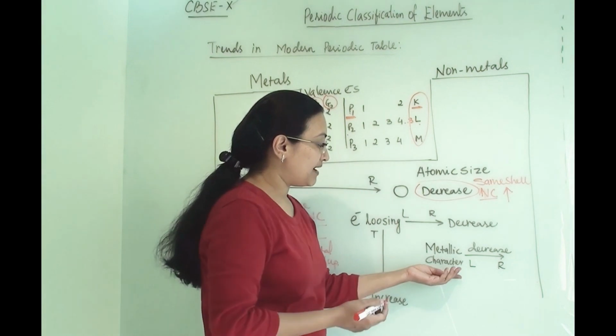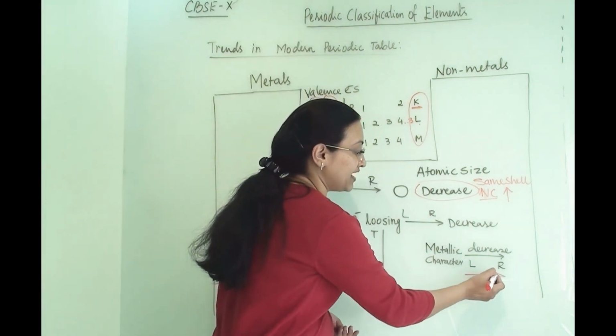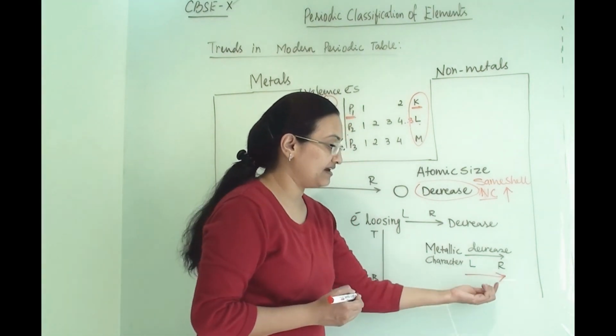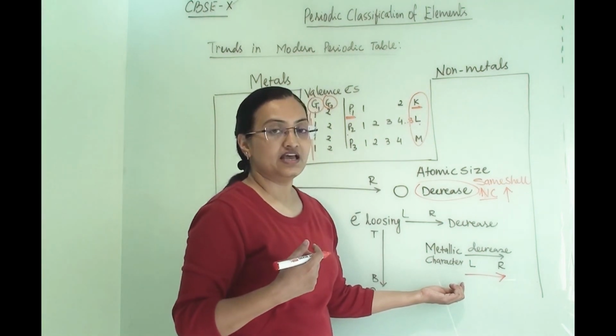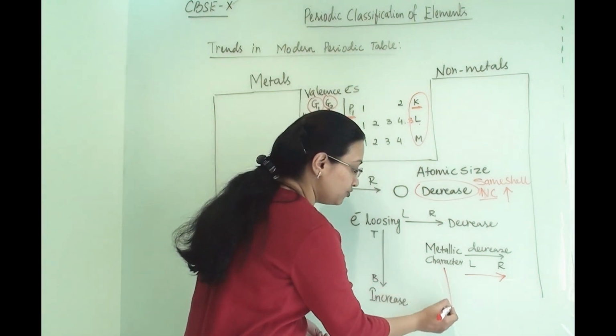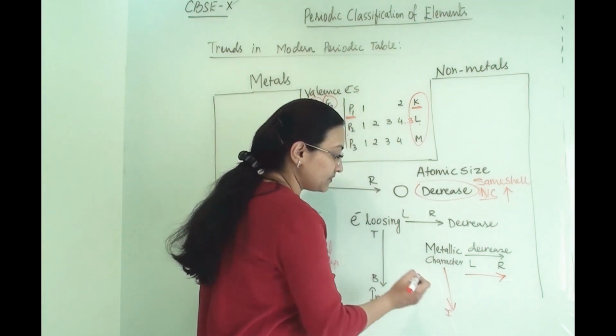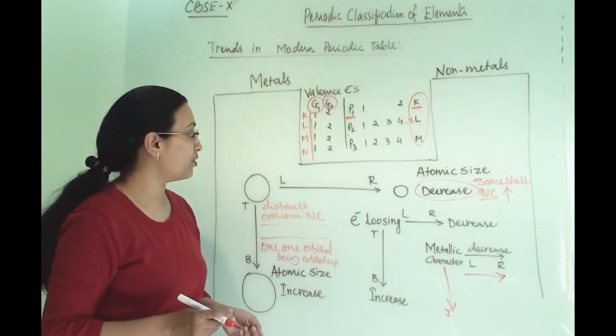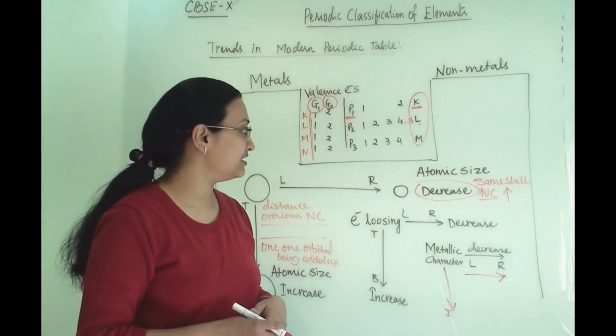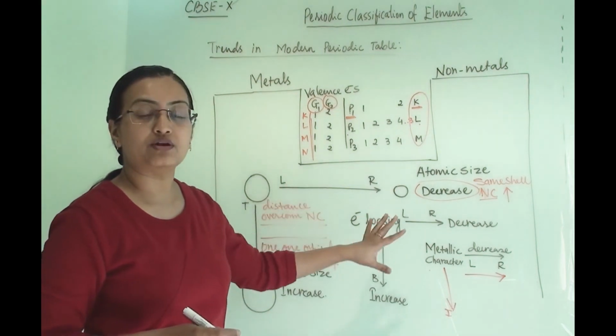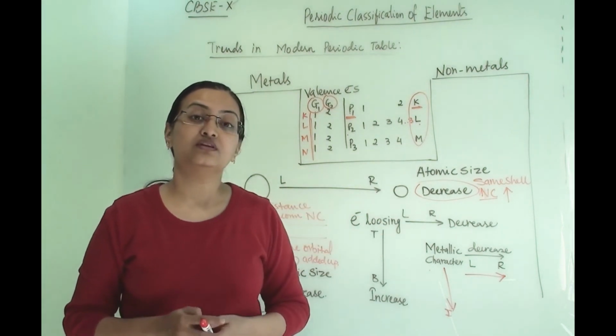This we know, that metallic character from left to right will decrease and from right to left it will increase. And as we are going from top to bottom, the metallic character will increase. So these are some of the important trends in the periodic table. This way you can remember all the trends along with their reasons.